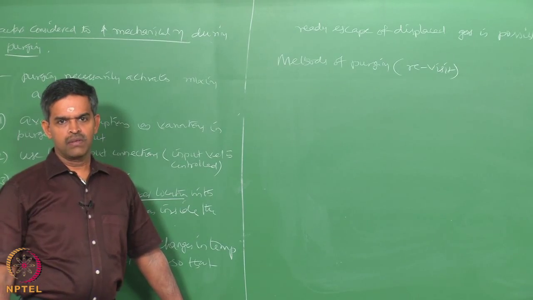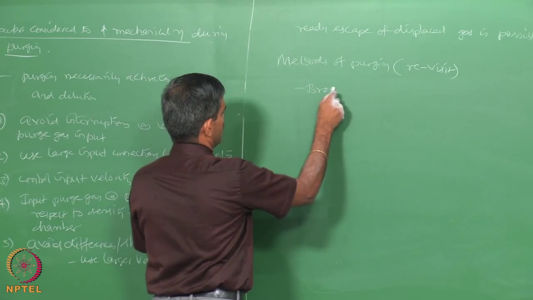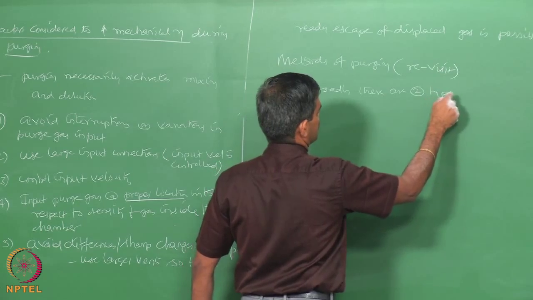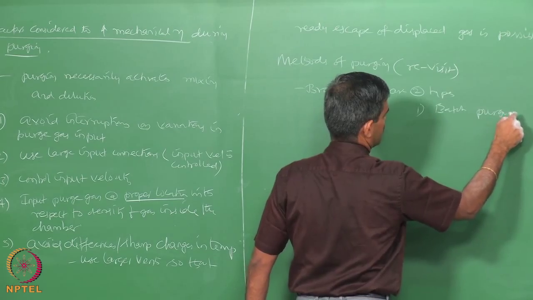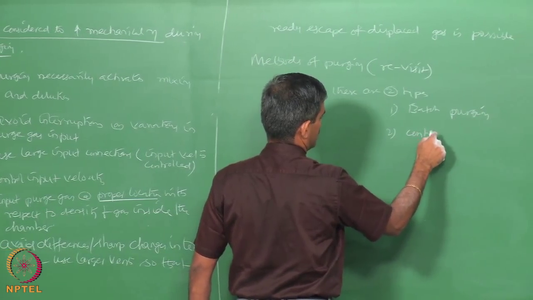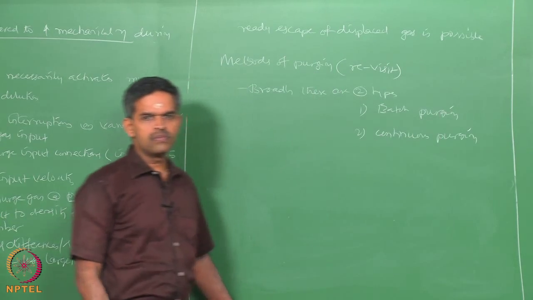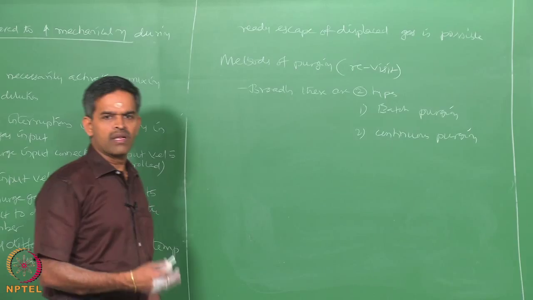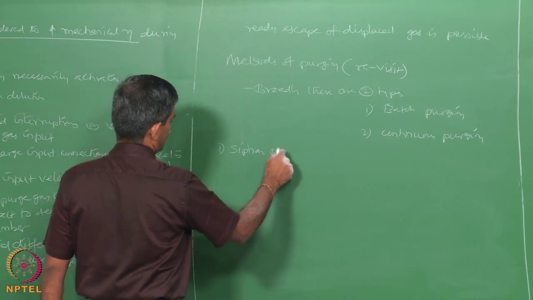Broadly, there are two types: one is called batch purging, the other is continuous purging. So, let us say common methods of purging which are practiced in the oil and gas industry. Let us start with siphon purging.